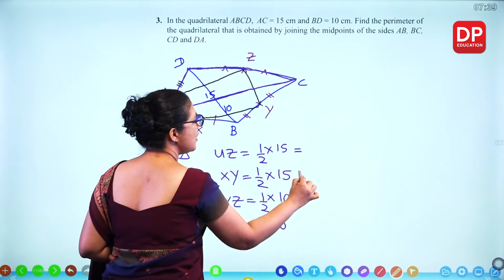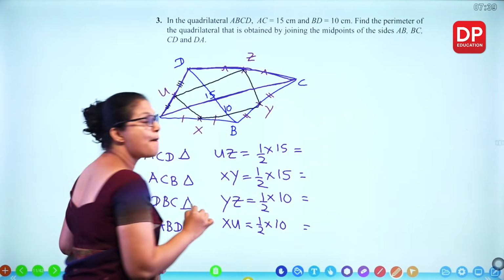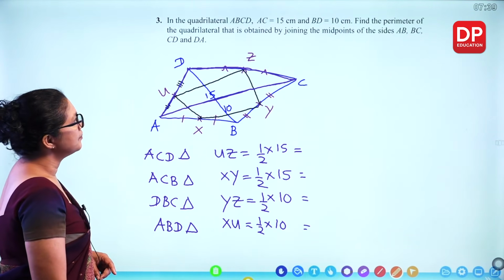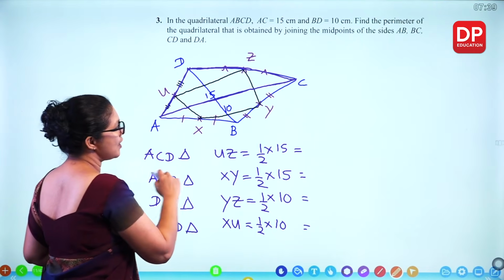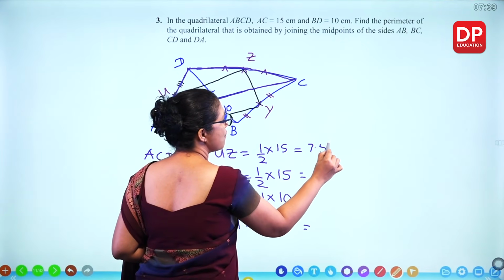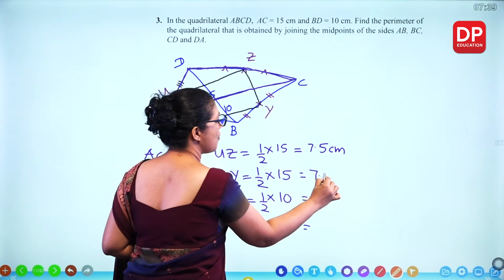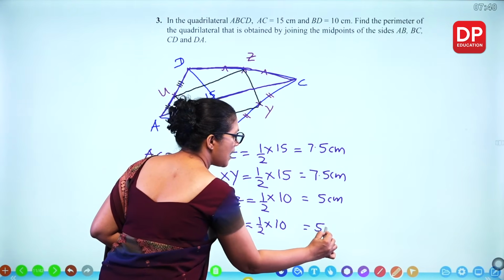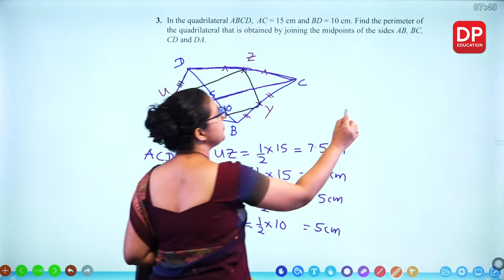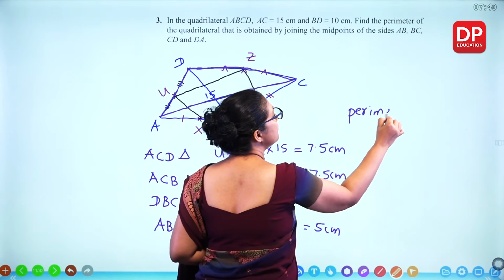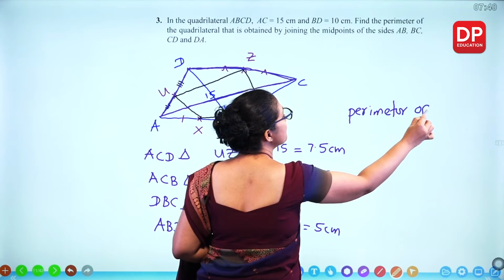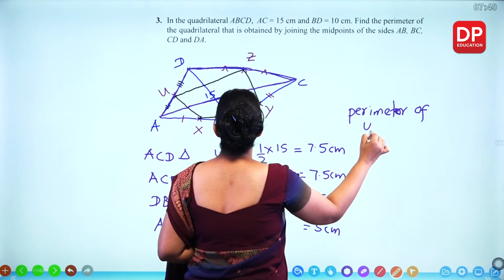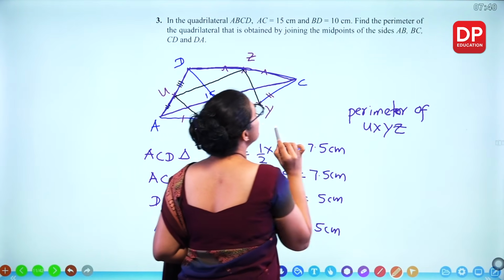When you find all the values and add them together, you get the perimeter of the XYZU quadrilateral. So 15 divided by 2, I can write 7.5. Here also 7.5. 10 divided by 2, I get 5 centimeters. Here 5 centimeters. So what's the perimeter of the UXYZ quadrilateral?